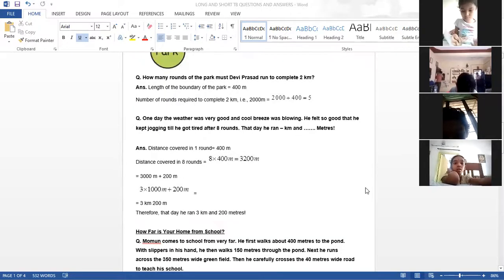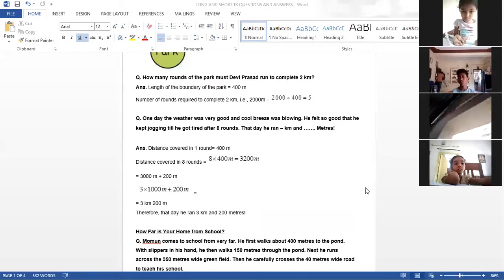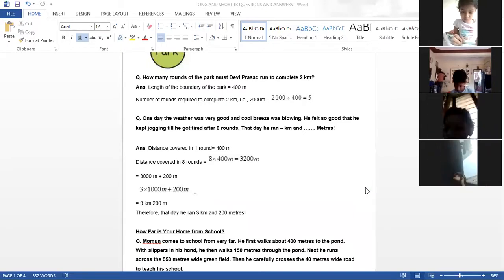This is the answer they are expecting. You are supposed to give the answer in kilometers and meters separately. One round means 400 meters is covered. If it is 8 rounds, on that day it was very cool, so he went for 8 rounds. So 8 into 400 will become 3,200 meters.